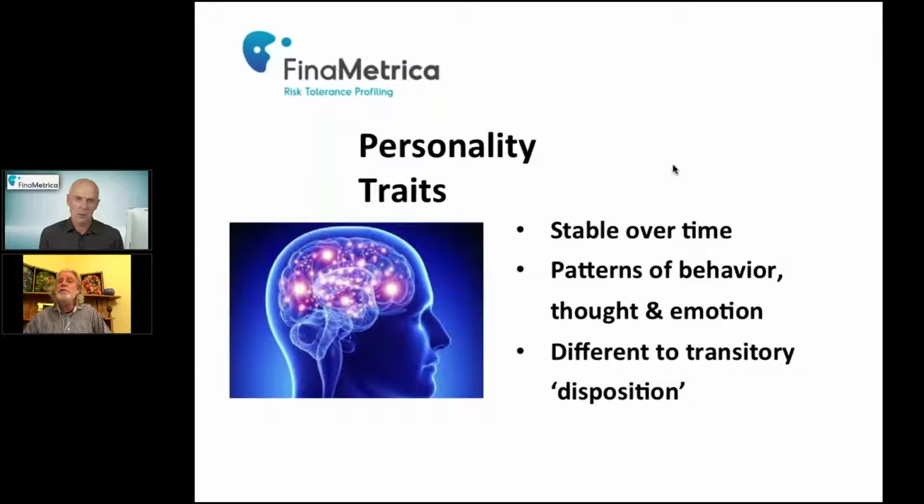We often just talk about the distinction between a state and a trait. A trait is a relatively enduring way one person differs from another. A state is where you are at this moment, and we've all been with people before and after market crashes.